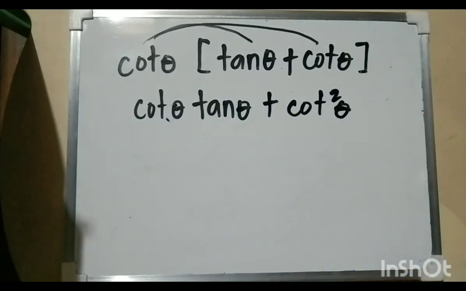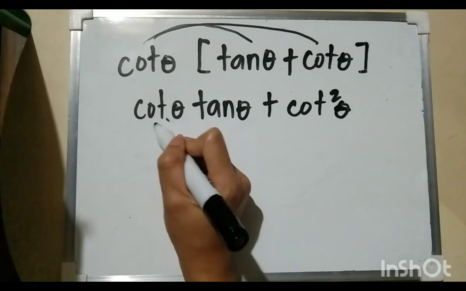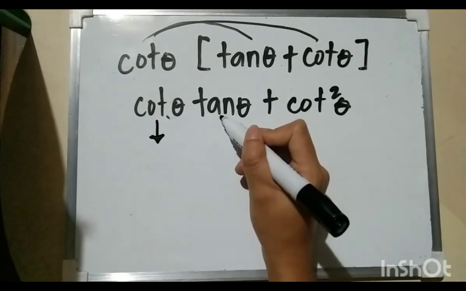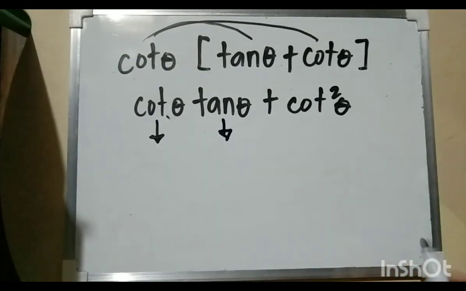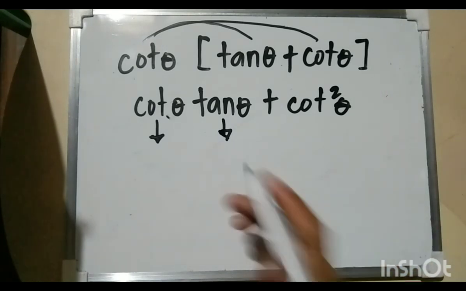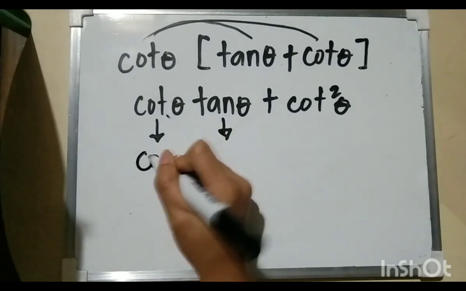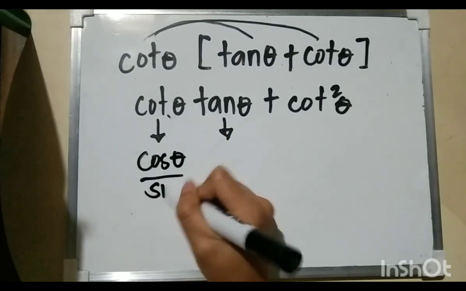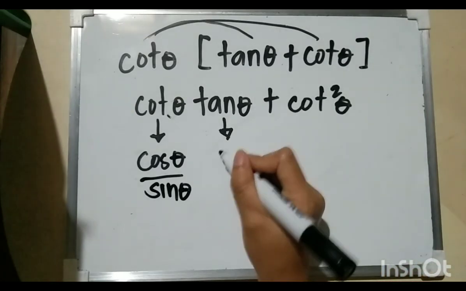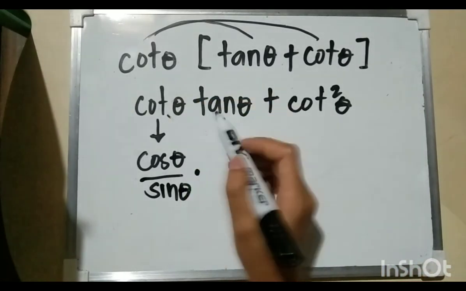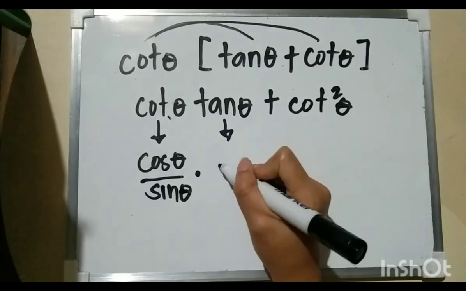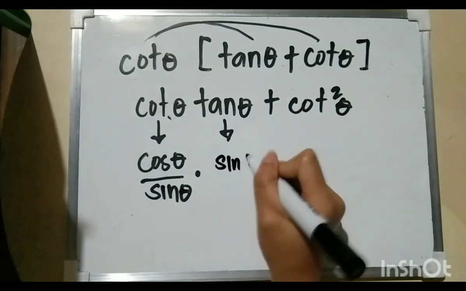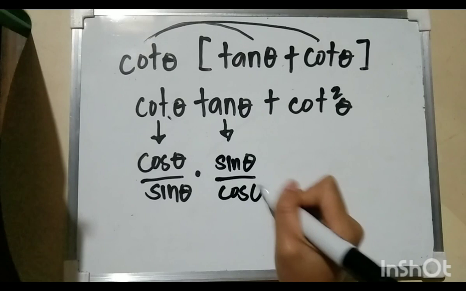Now the next thing we need to do is apply the quotient identity. In the quotient identity, cotangent theta is equivalent to cosine theta over sine theta, and tangent theta is equivalent to sine theta over cosine theta.